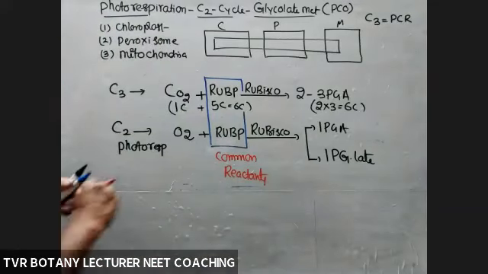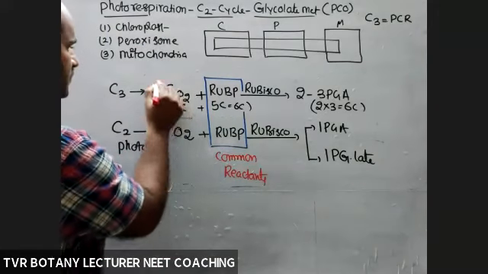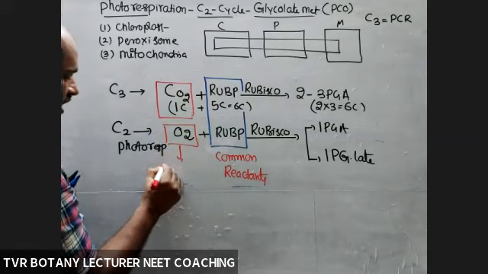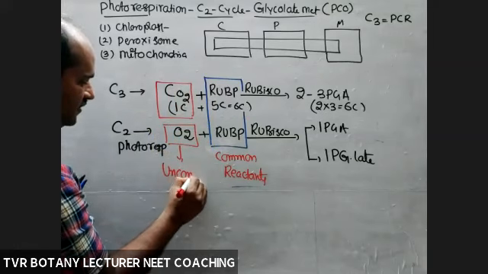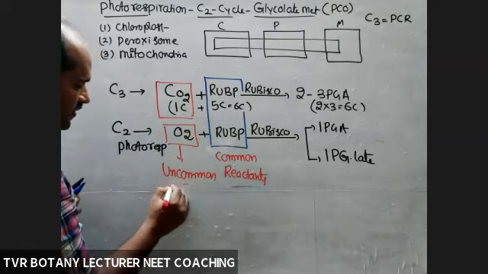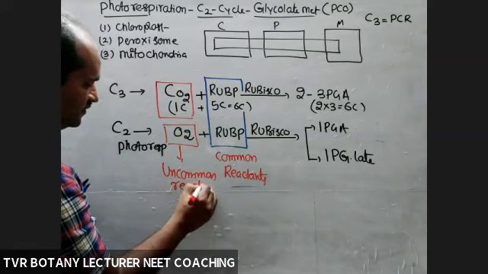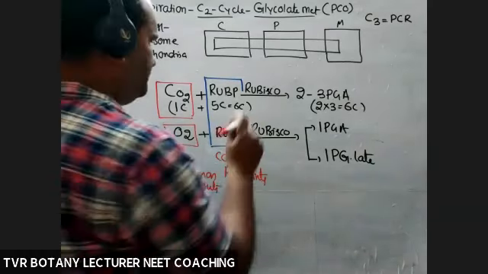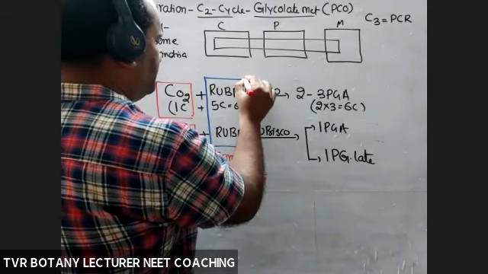Next, uncommon reactants: CO2 and O2. If it is C3, CO2 is involved. If it is photorespiration, O2 is involved. The enzyme is common.